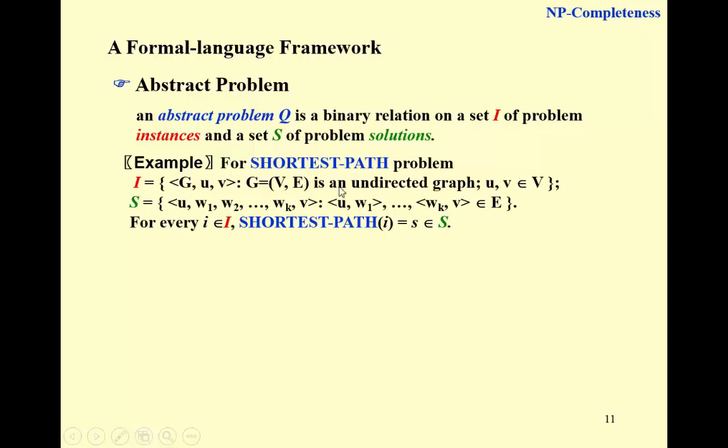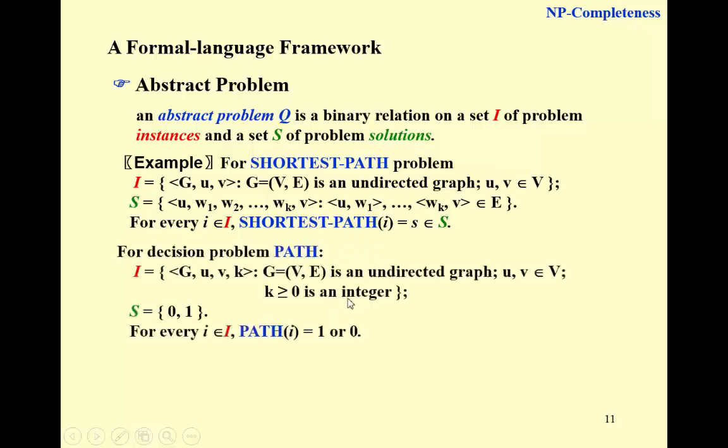This is the original version of the shortest path problem, and we know that it has a decision version. For decision problem, we give it another name called path, not necessarily the shortest, right? And so the input set is the set of a graph, a pair of vertices u and v plus an integer k.